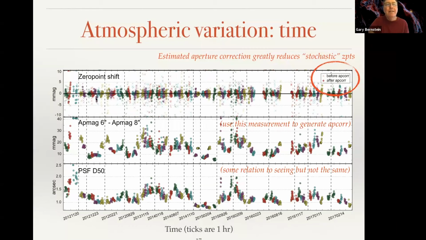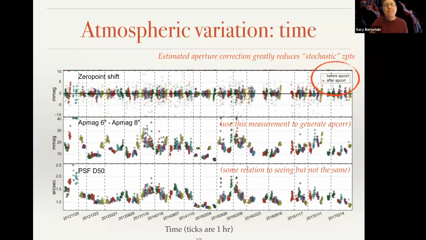And what we found is that the fluctuation of the x's correlates very closely with the amount of light that's between 6 and 8 arc seconds, aperture mags. I should mention that all of our calibrations are done with 6 arcsecond apertures. So the fluctuations in the x's up here are very highly correlated with the amount of light in the outer annulus here. And what that's telling us is that most of the stochastic errors in the photometry are actually aperture corrections that are changing with time.